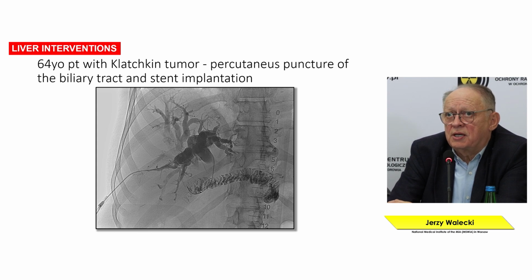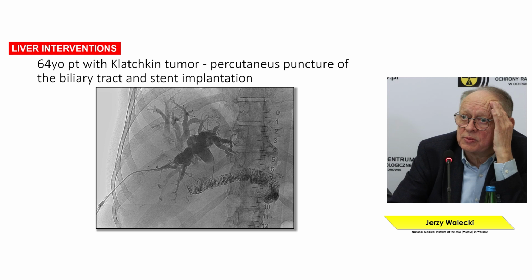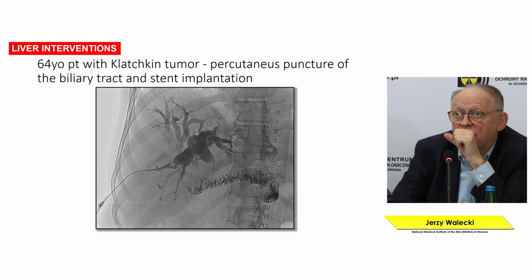And this is the Klatskin tumor. In this procedure, we implant a stent in a biliary tract. Okay, we are missing a slide with TIPSs.